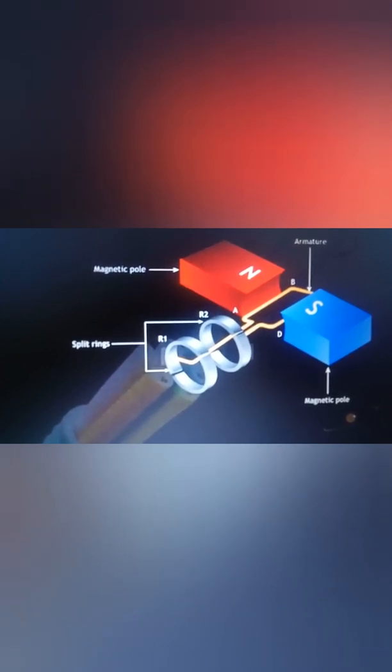The two brushes are pressed against the two slip rings, and these are attached internally to the axle, which can be rotated mechanically from outside to rotate the coil inside the magnetic field. The two brushes are then connected to the galvanometer to detect the current.